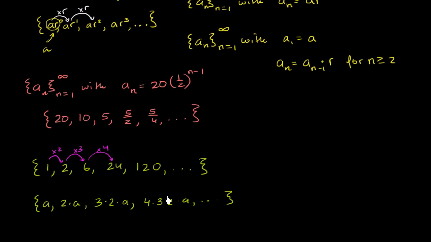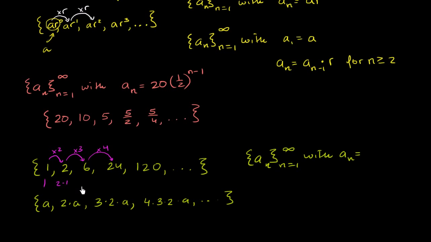So this sequence, which is not a geometric sequence, we can still define explicitly. We could say that it's the sequence a sub n from n equals 1 to infinity, with a sub n being equal to, let's see, the fourth one is essentially 4 factorial times a. Well, actually, if we look at these particular numbers, our a is 1. So this is 1.